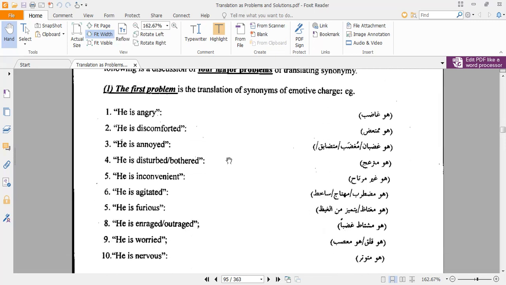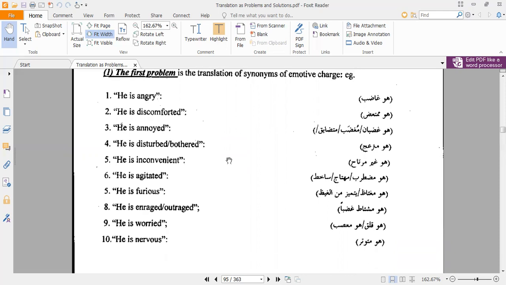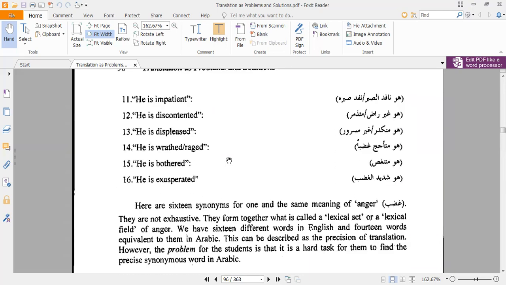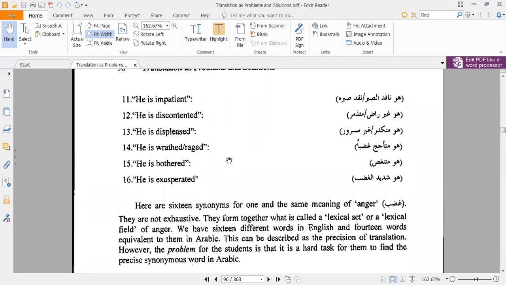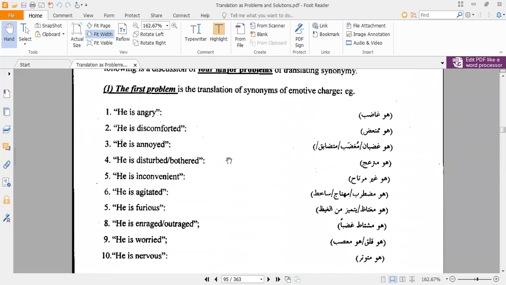He is angry, he is discomforted, he is annoyed, disturbed, bothered, inconvenienced, furious, outraged, worried, nervous. All of these words denote some sort of anger. But in English, these 16 words are not identical, because we have grades of anger.